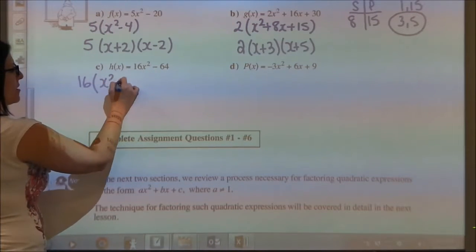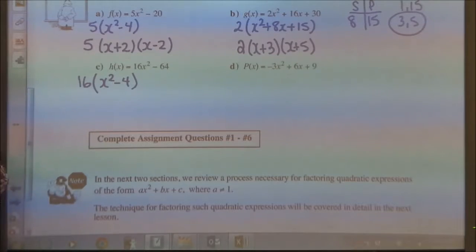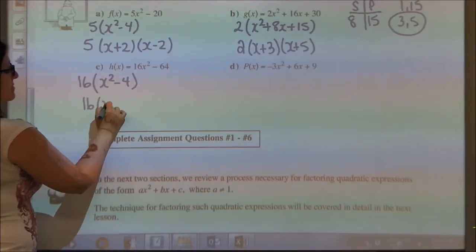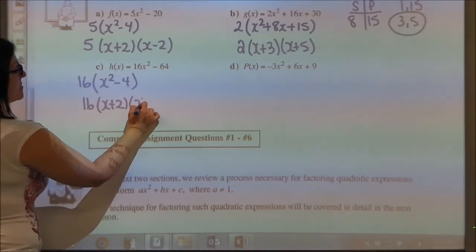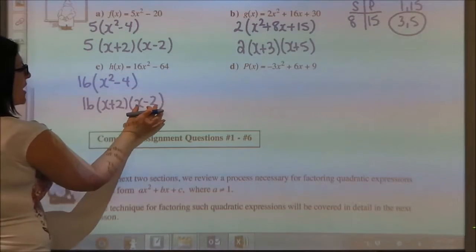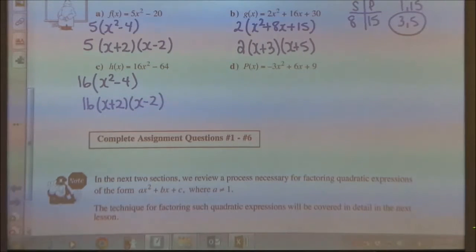Leaves me with x squared minus 4. This is the same as what I had above, x plus 2, x minus 2. So you'll still get the same answer if you carry through all the steps, and that's making sure that when you look at these binomial factors that they can't be factored again.